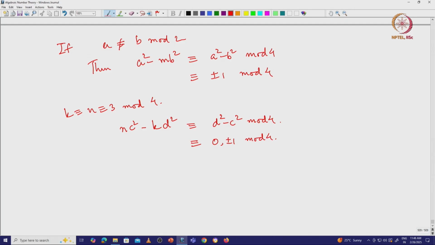Okay, so there is one thing that's still possible, which is that a square minus b square is congruent to 1 mod 4 and c square minus d square is minus 1 mod 4.